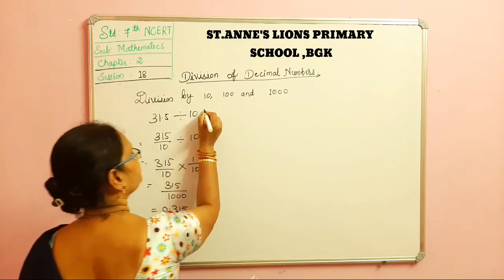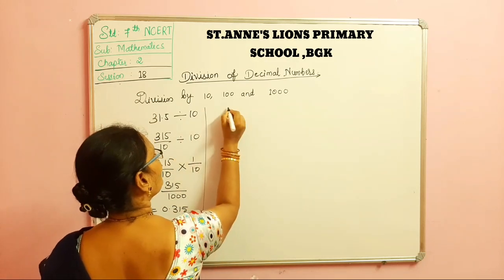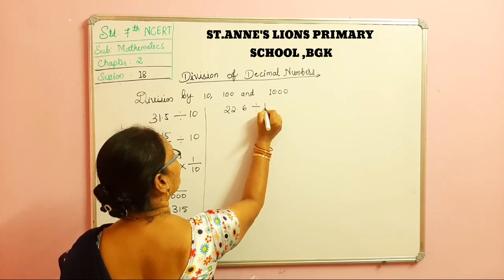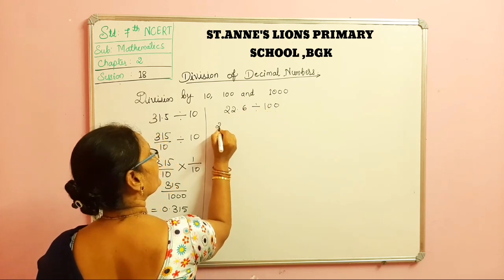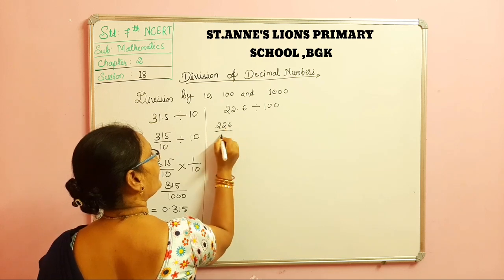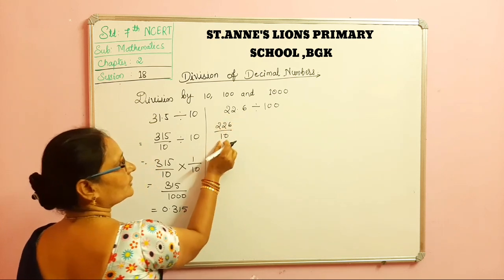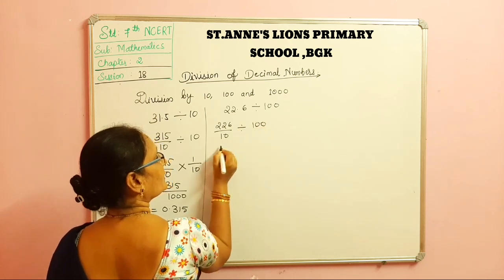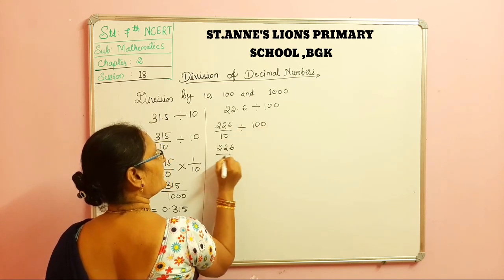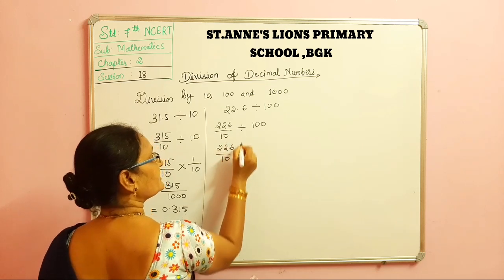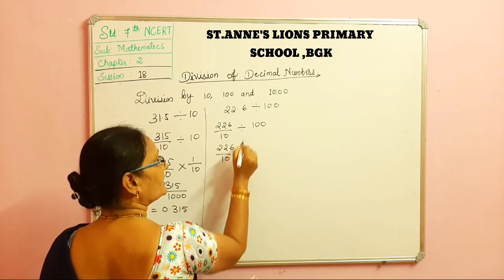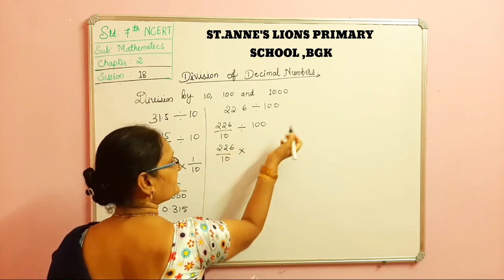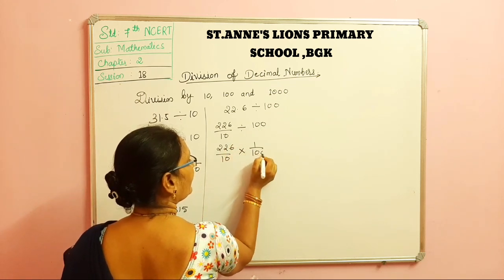The same way with 100 we will do one. 22.6 divided by 100. 22.6 means 226 by 10, divided by 100. Now this division is changing into multiplication, so this will become the reciprocal, that is 1 by 100.